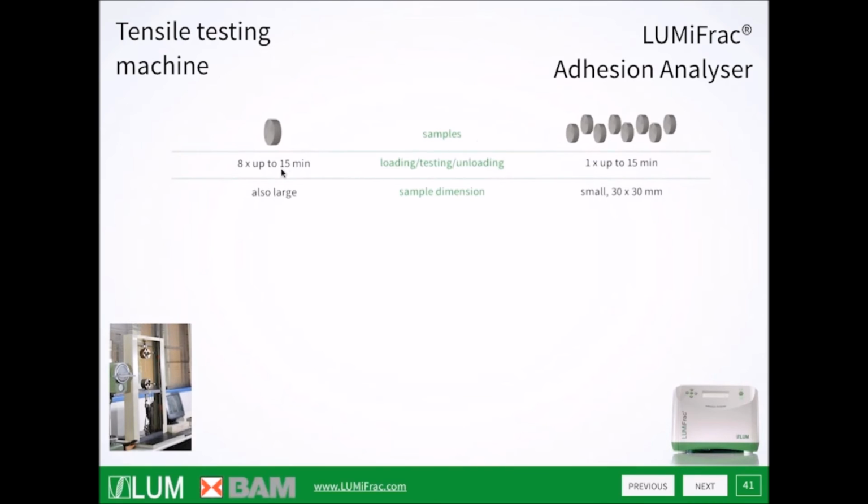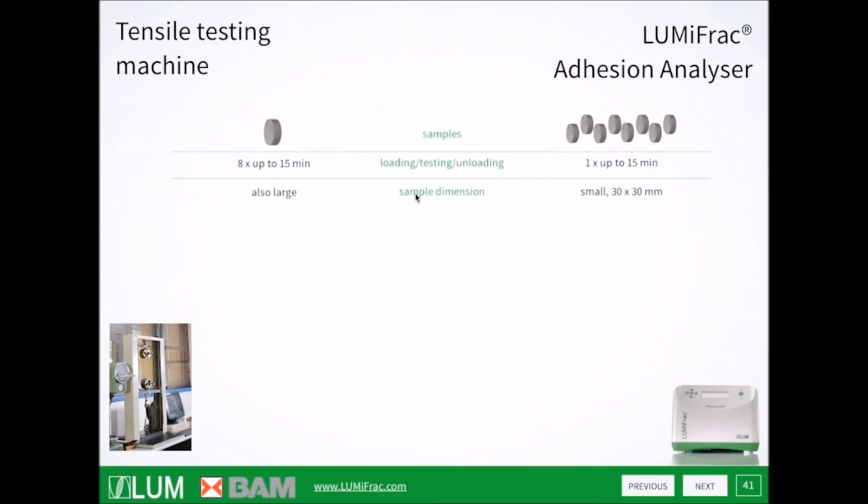This also means that normally it takes you 5 to 15, or in complicated situations maybe 30 minutes for one measurement. In our case, we have one measurement altogether in 15 minutes for the 8 different samples. So this gives you a time saving of about 85% already.